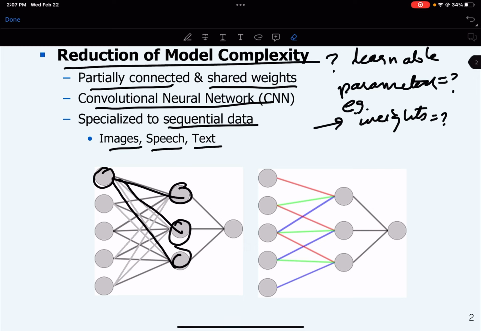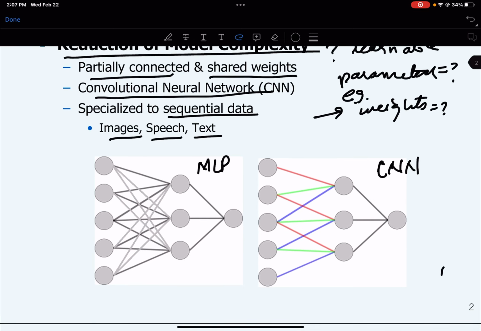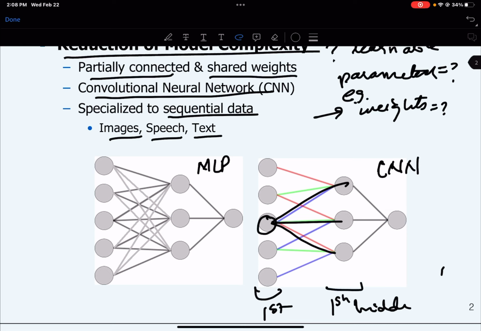So we have these fully connected networks, and in case of convolutional neural networks, let's check the connection for this node. It has only one link coming out of this node, and for this node we have two links. In case of the third neuron in the first layer, we have three connections. So the connections between the first layer and the first hidden layer are sparse.